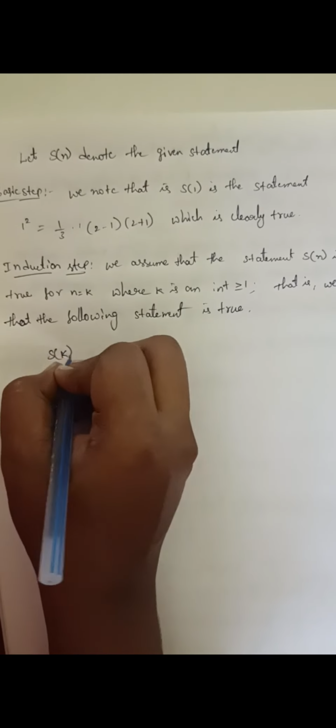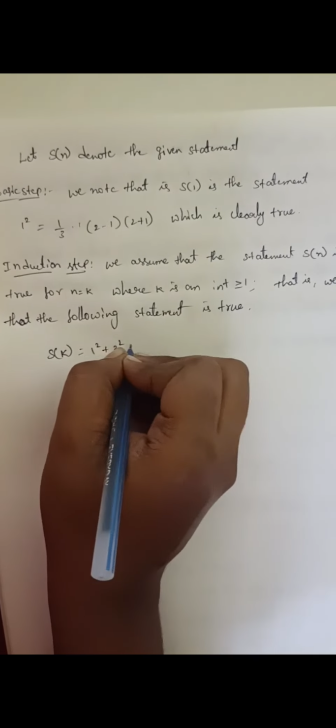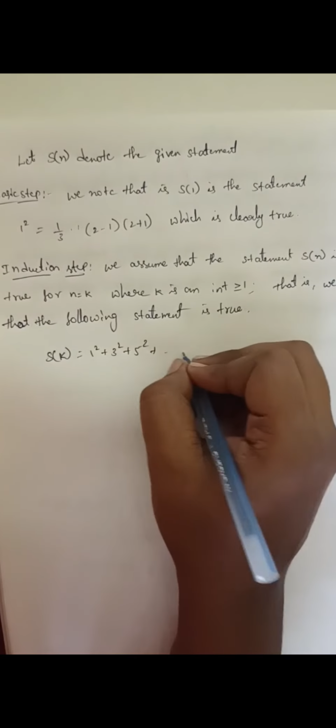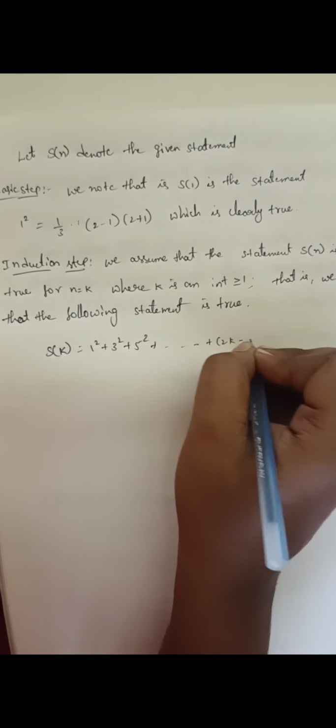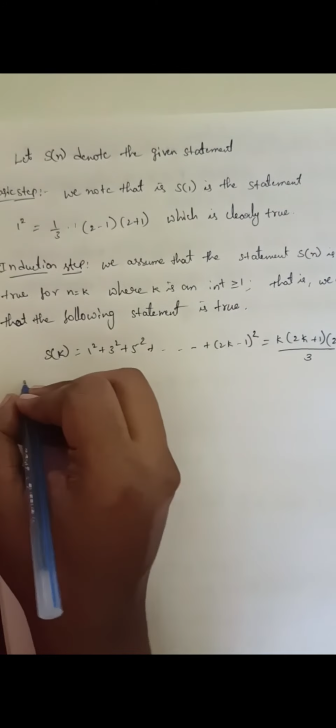S of k is equal to 1 square plus 3 square plus 5 square up to so on (2k minus 1) whole square equals k into (2k plus 1) into (2k minus 1) divided by 3.